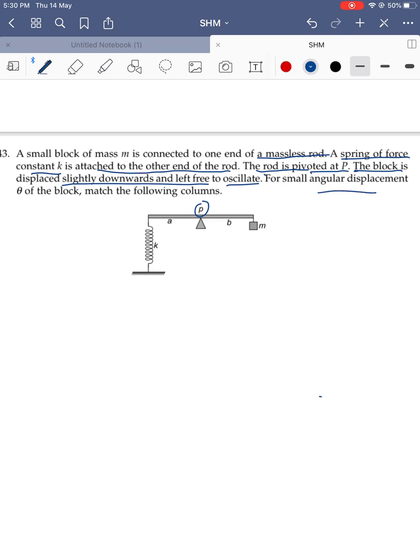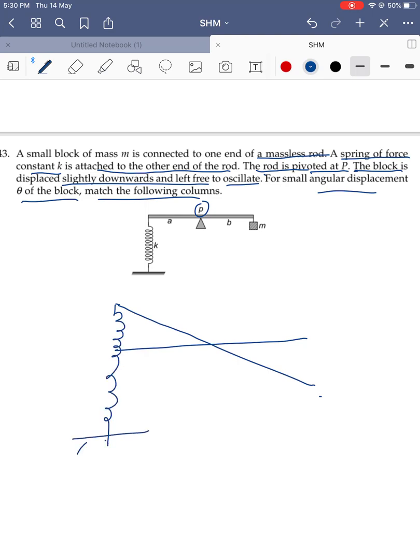For small angular displacement theta, match the following columns. He asks for the time period, the energy, and so on. First we write that it is compressed or stretched, whatever, but it is displaced. So initially it is stretched or compressed, we can do either, no problem.